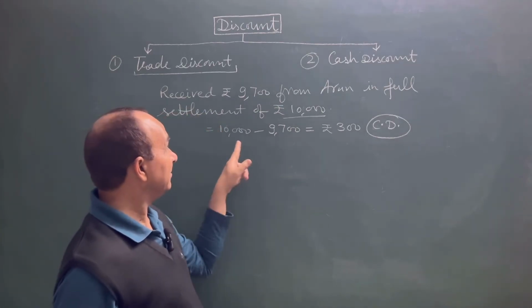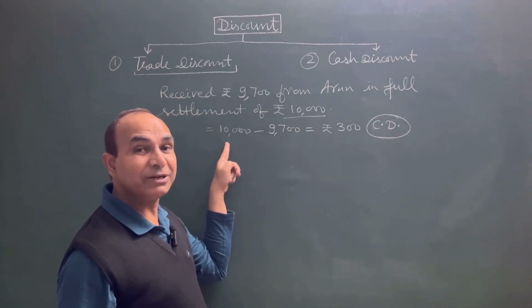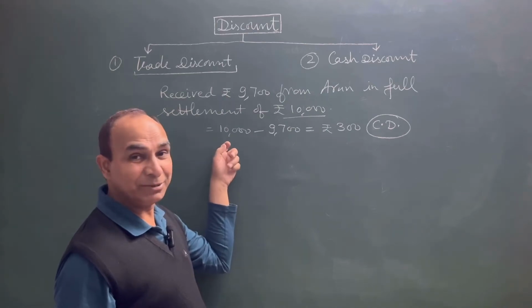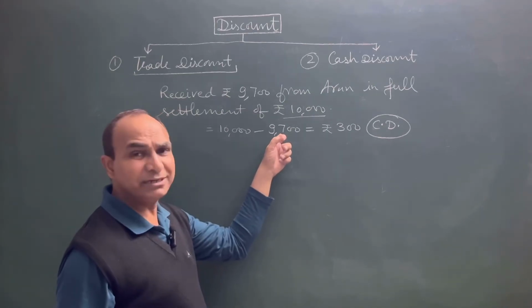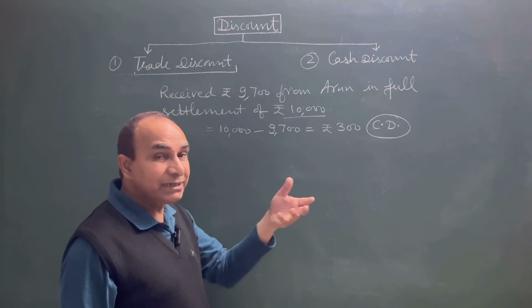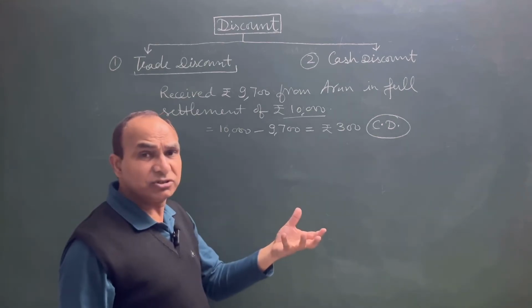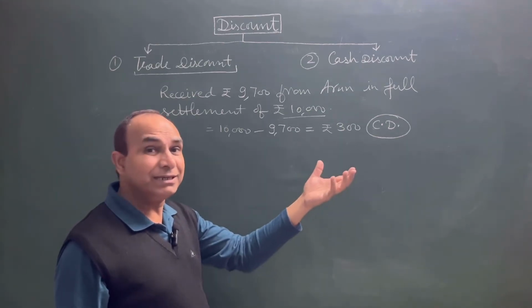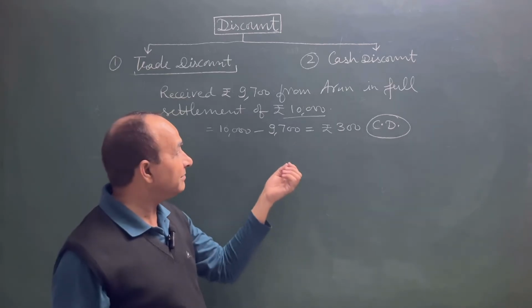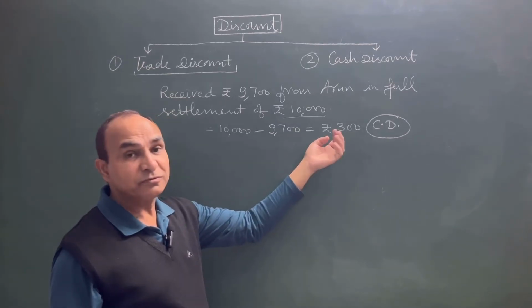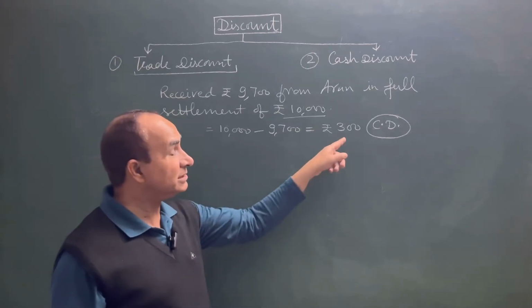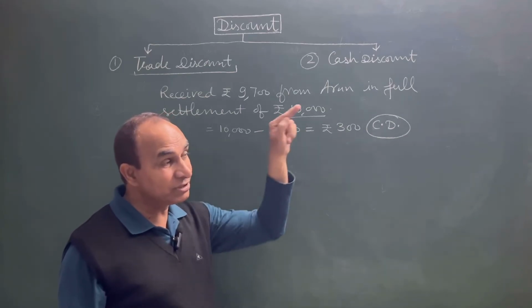How is it a loss? Because on the due date we are going to receive 10,000, but we want the money immediately, and we offered an allowance, or a deduction, to the customer, and he accepted, and ultimately we incurred a loss of rupees 300. Now this is our loss and this is a gain to the customer.